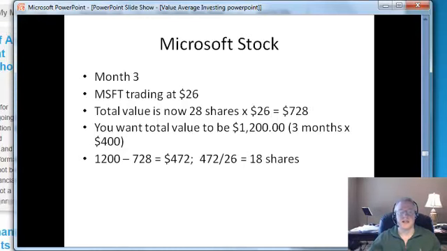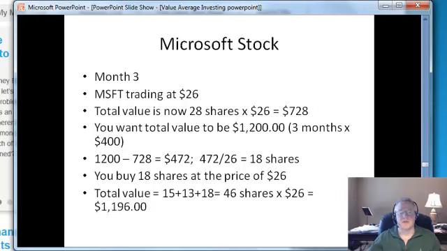And so we need to buy 18 shares of Microsoft trading at $26, and after adding the total number of shares that we already had, which would be 15 shares plus the 13 shares and now the 18 shares, we have a total of 46 shares. Multiply that by the current share price, and now our total value is $1,196.